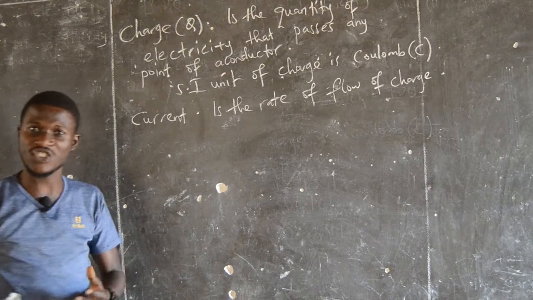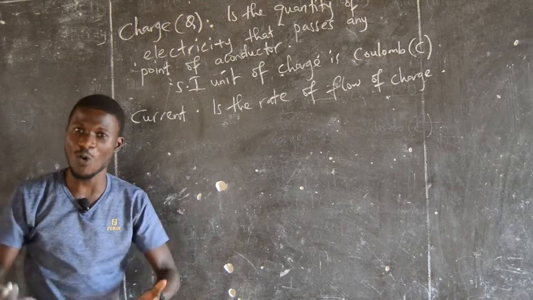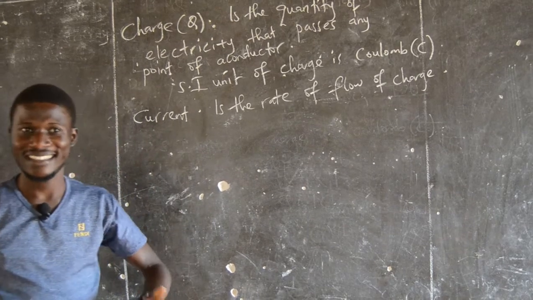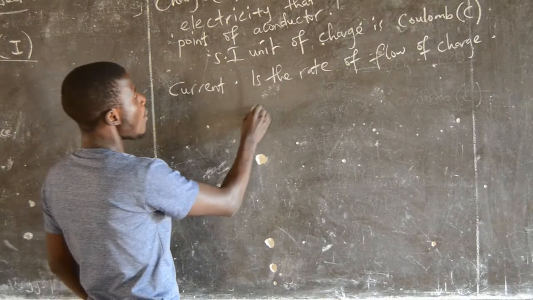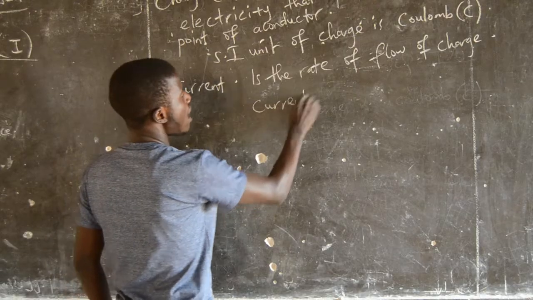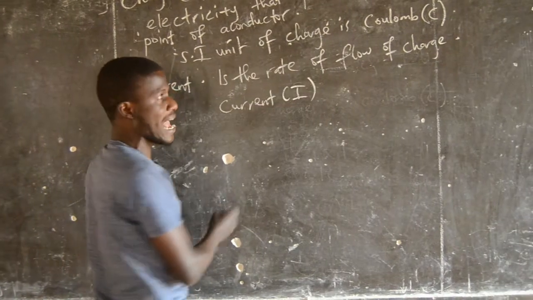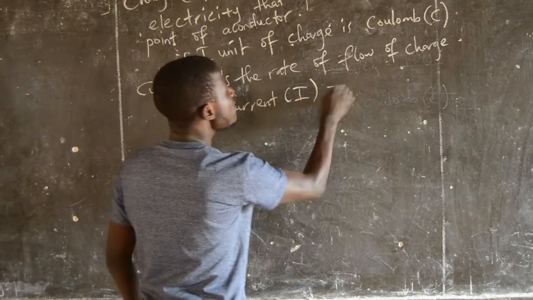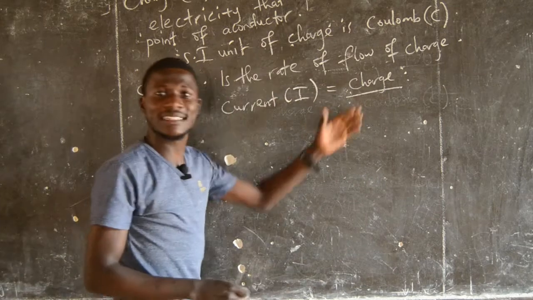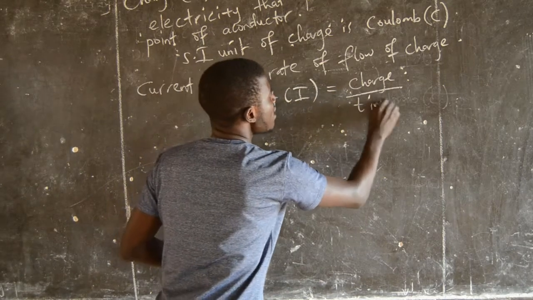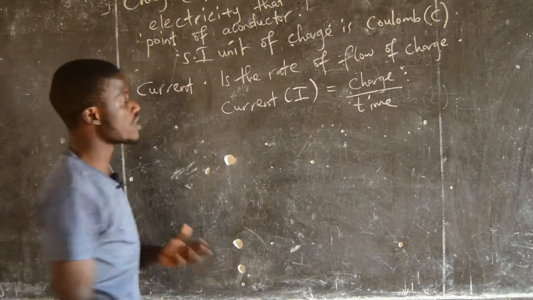You know, in physics, when we talk about the rate of flow, what comes to your mind? That means it is per unit time. Therefore, our current, the one we call capital I, are we together, is given by charge divided by the time for which that charge flows in a circuit, for example.